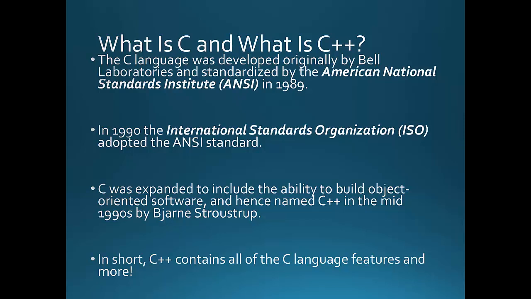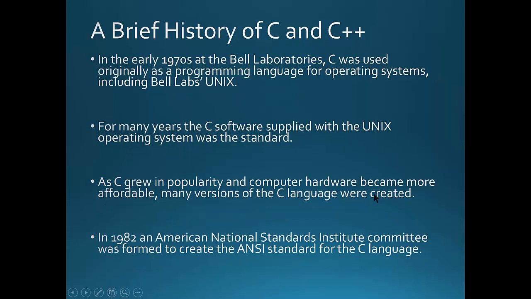And so he and his team made it a language that was both very fast, but also allowed for a high level of abstraction using object orientation. So C++ is basically C plus object orientation.